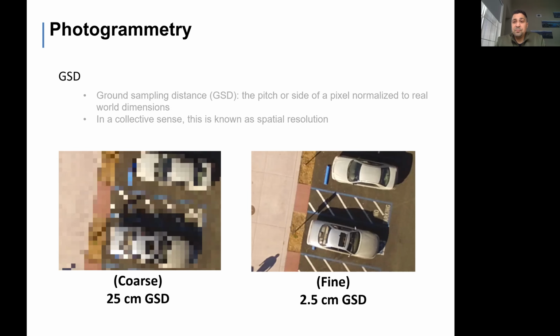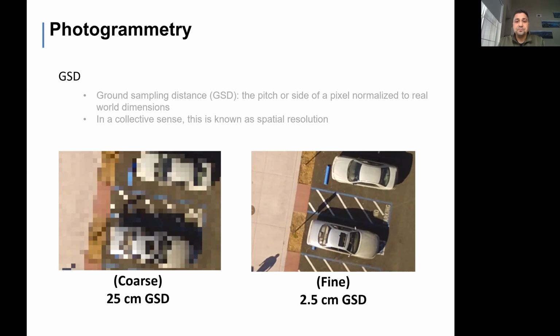So in other words, if the pitch or the side of that pixel makes up a utility on the ground that is 3 inches long, that means that the GSD for that pixel is 3 inches, whatever it is.